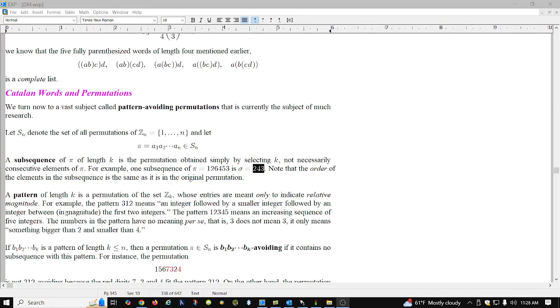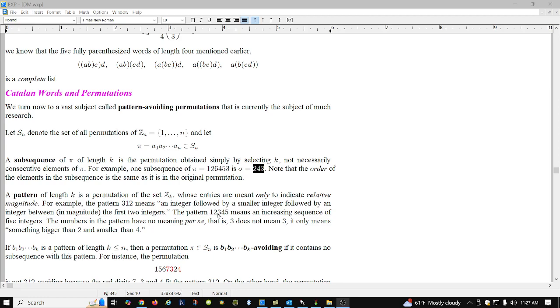Also, a pattern of length k is a permutation of the set Zk whose entries are meant only to indicate relative magnitude, and relative is the key word here. So for example, the pattern 3, 1, 2 simply means an integer followed by a smaller integer, because 1 is smaller than 3, followed by an integer in between the first two, because 2 lies between 3 and 1.